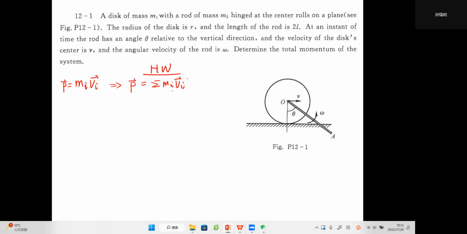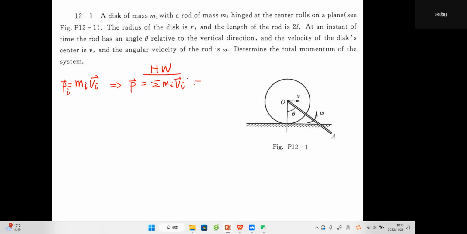Each particle, I can write here, we use pi to denote the momentum of a single particle, right? There are a lot of particles constituting a system of particles, right? So the total momentum of this system of particles will be the sum of mi vi.